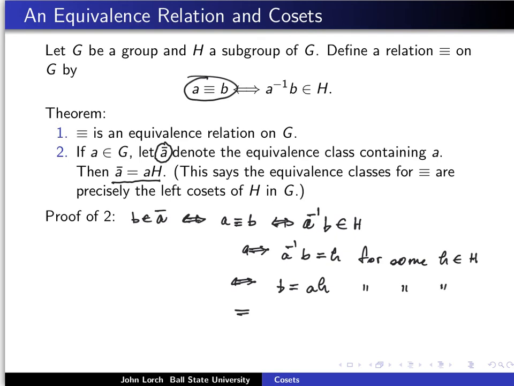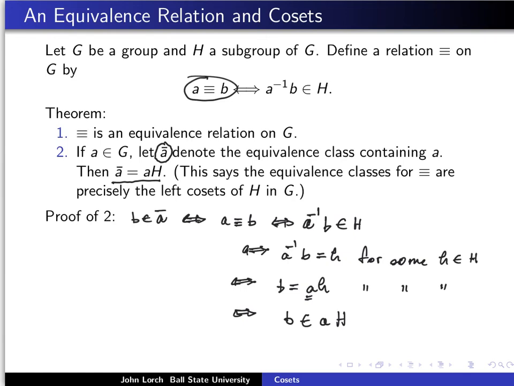And that's equivalent to saying that B is in the left coset A times capital H. Remember, A times capital H is the set of all things that you obtain by multiplying things in H on the left by A. And so indeed, B has that form.